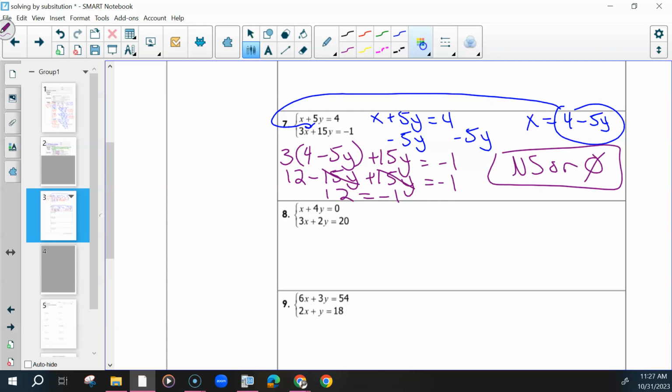So when you have special cases, your variables are going to cancel early on, and you'll be left with either the same number or two different numbers, meaning infinitely many or no solution. So keep those in mind. Questions on that one? Or other questions on this page or the next page that you want to go over?